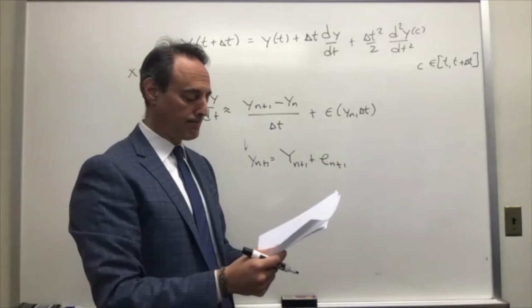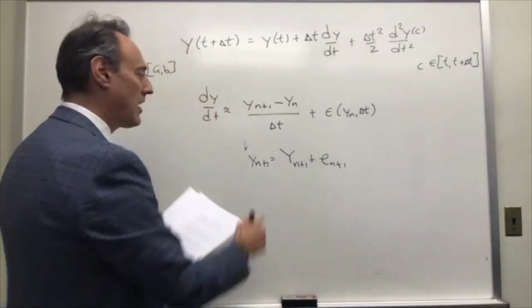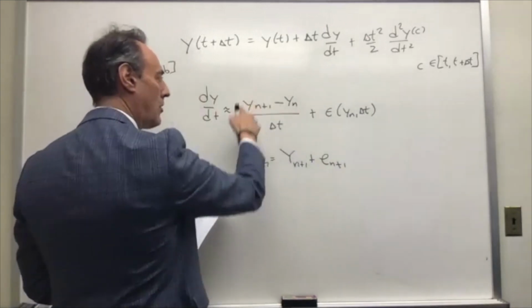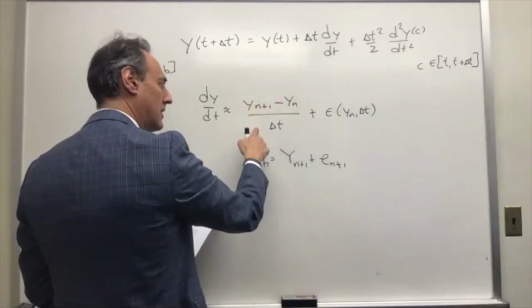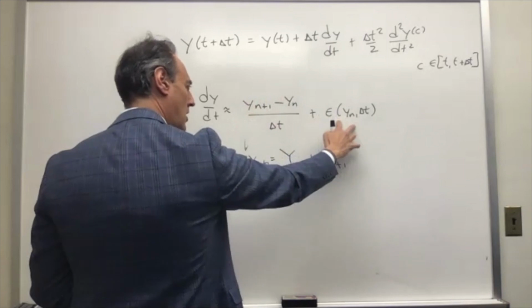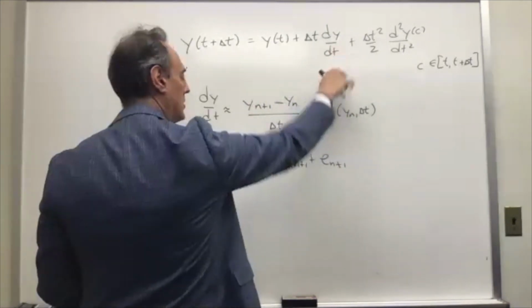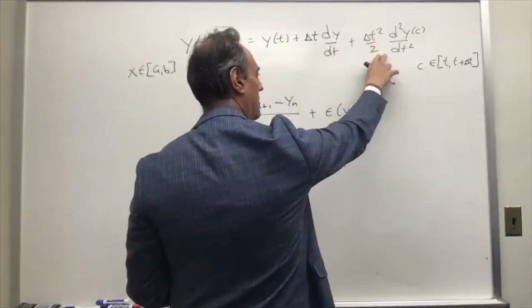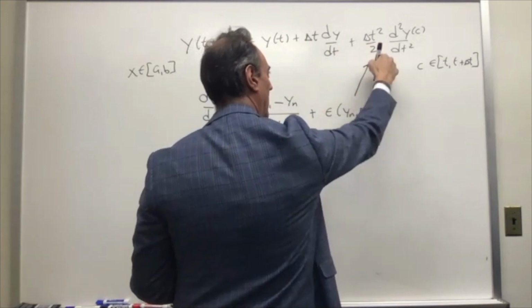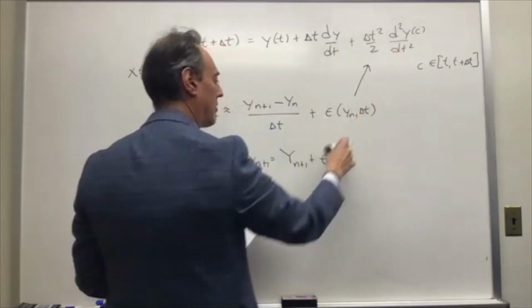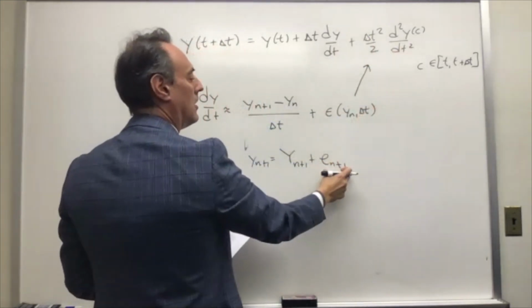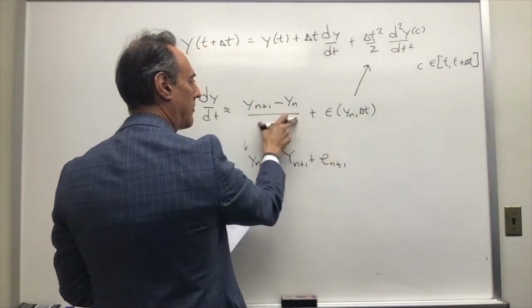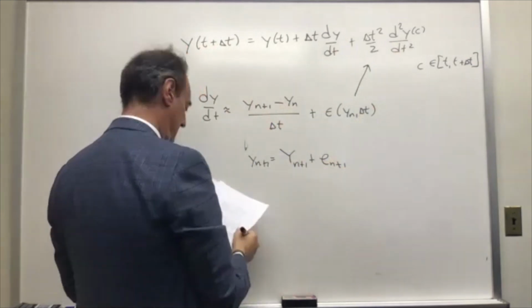So when I go to actually compute this, not only do I have error from dropping that derivative term, I now have a numerical approximation error from trying to compute that quantity.